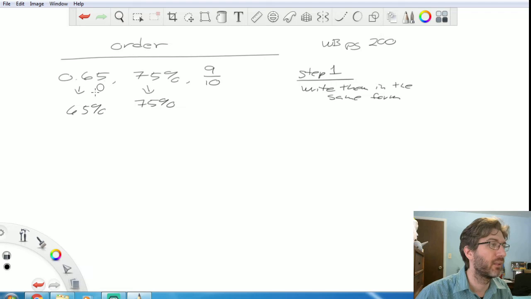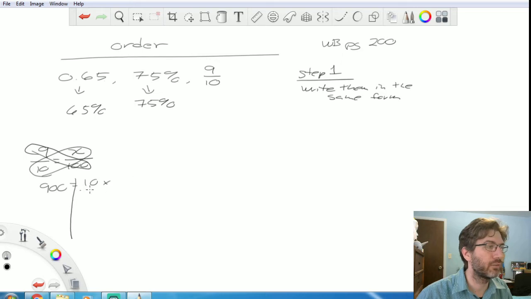Then 9/10: if you want to turn 9/10 into a percent, again, you can cross multiply. 9 times 100 is 900. 10 times x equals 10x. Get x by itself, divide by 10, divide by 10, you get 90 equals x. So this is 90%.